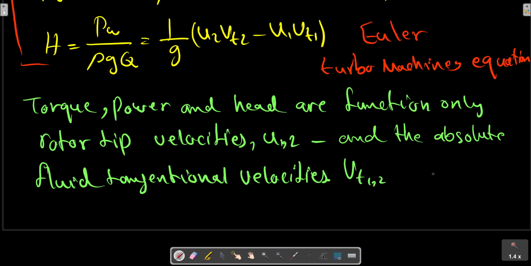Independent of the axial velocities through the machine, additional insight is gained by rewriting this relation in another form from the geometry of the previous figure.